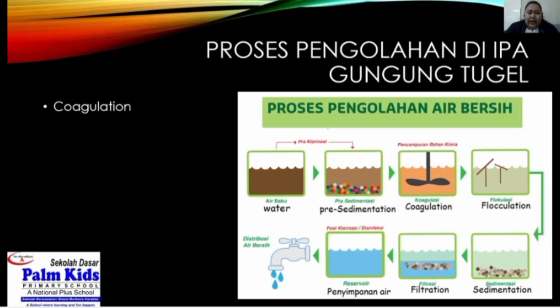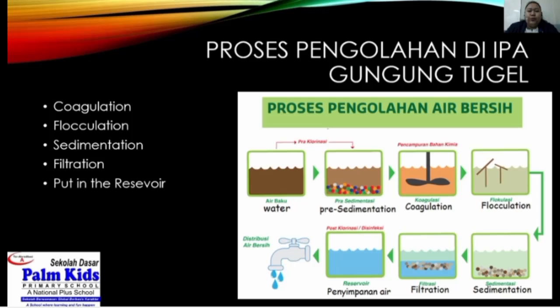First is coagulation. Second is flocculation. Third is sedimentation. Fourth is filtration, and fifth, put in the reservoir. And the process of water treatment will be explained by Sir Duta.